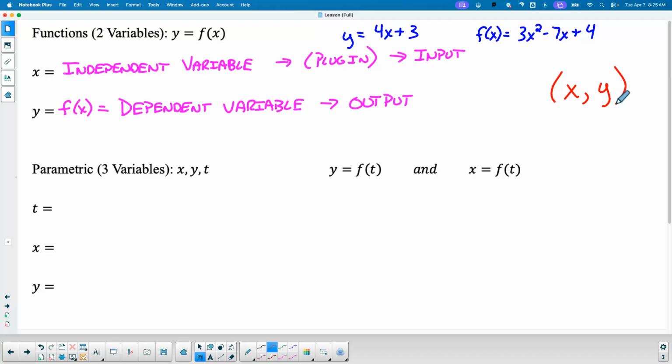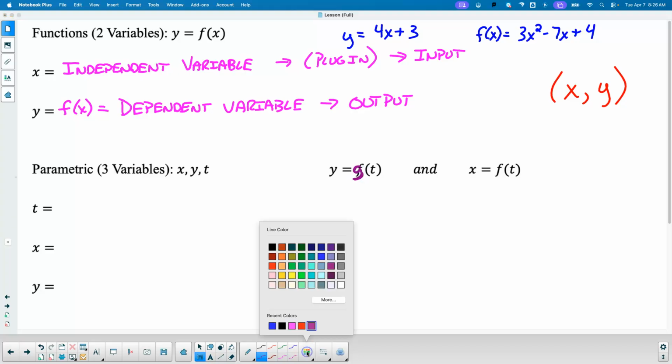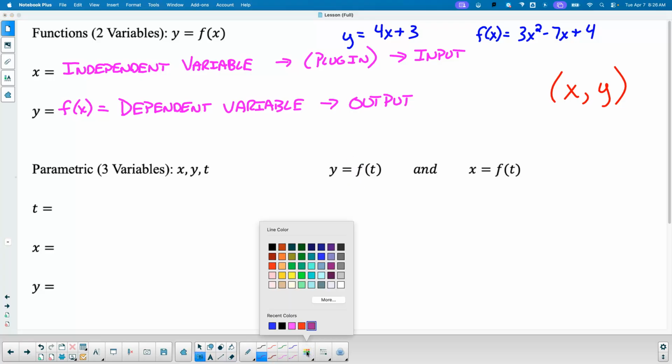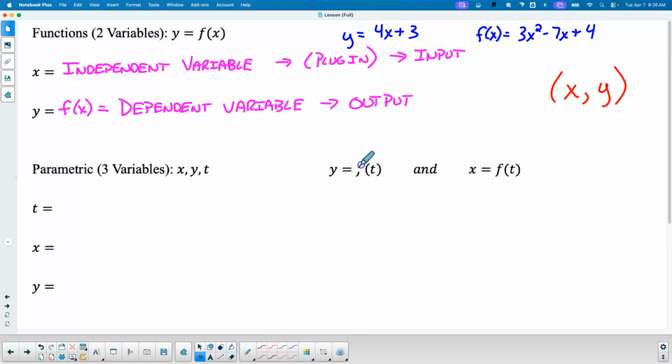So now instead of it being f of x, now it's going to be f of t and g of t. Actually, one of these should have been g. We'll make the y one be the g. Actually, here, let me do this. I know what I'm doing, even though it doesn't look like it. X is the one that was the g? Okay, that's fine. I can do that.